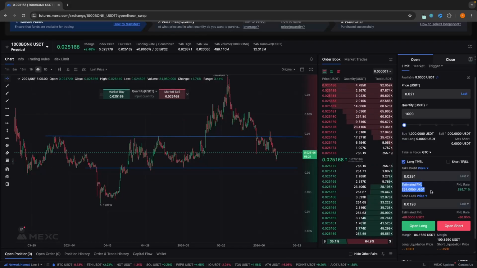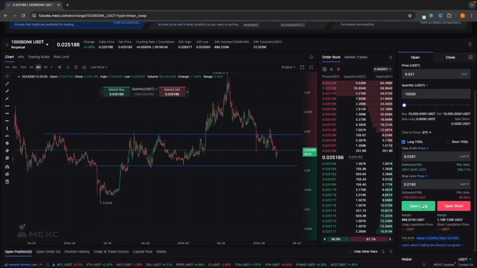I can now see the estimated profit and loss. So if this trade goes against me and hits my stop loss, then I will be losing $68. And for the take profit, I would be making $324. If we adjust the position size right here, of course, that is going to change as well. And then we can just go down and open the long and open the short.